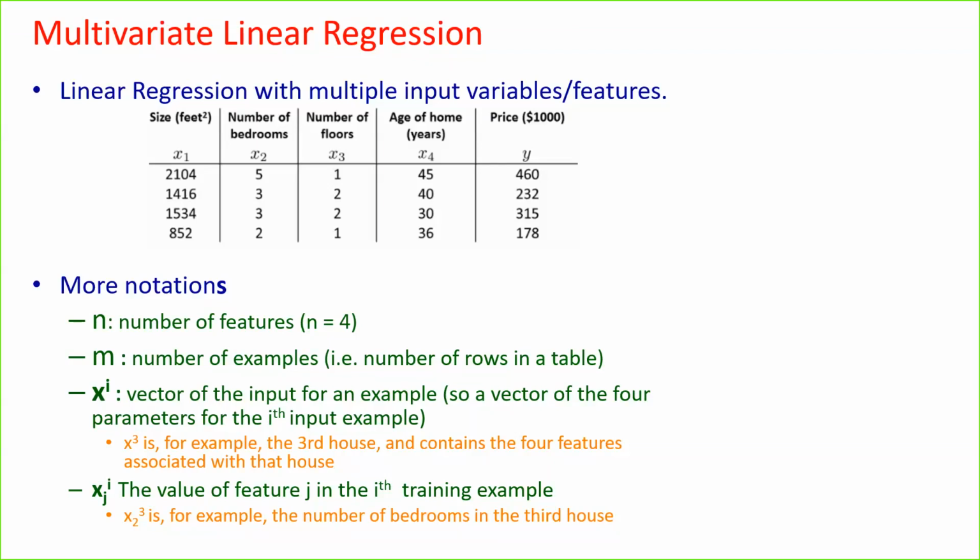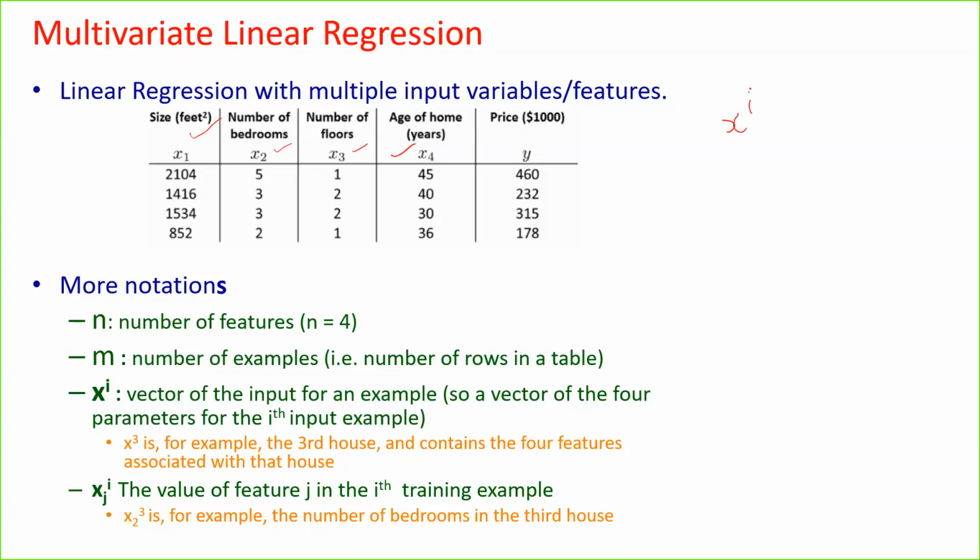It means it improves the performance of the model. So here we have considered multiple input features or input variables. Four features we have taken: size of the house, number of bedrooms, number of floors, and age of the house.